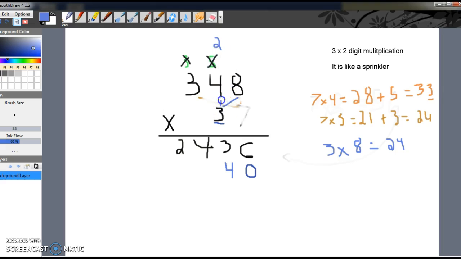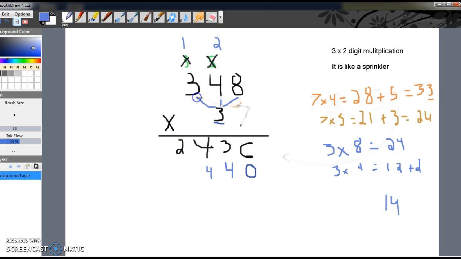Then I go 3 times 4. 3 times 4 equals 12. And I add this 2 to get 14. So now I have a 4 down here and a 1. My 1 goes above the next place value here.